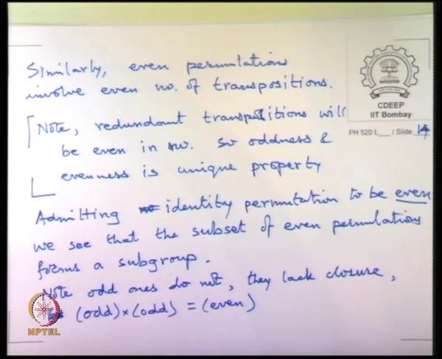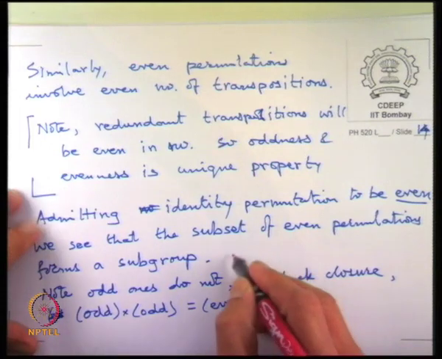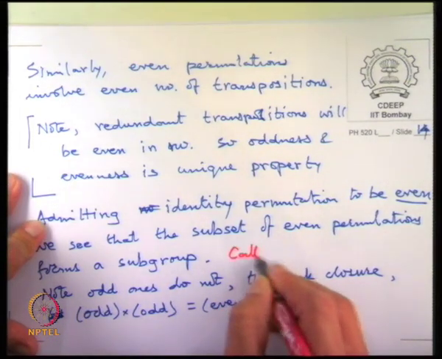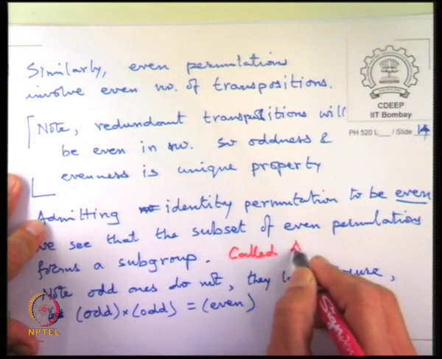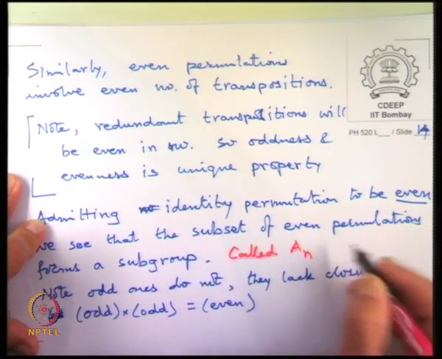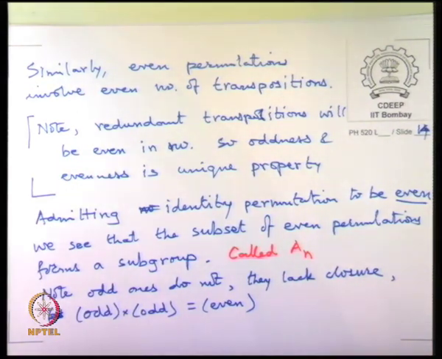This subgroup is sometimes called An. This is the standard terminology. An, again for some strange reason, is called the alternating group.